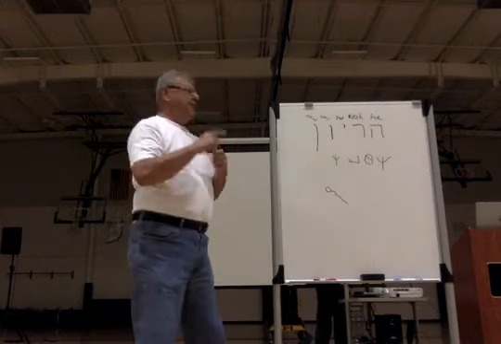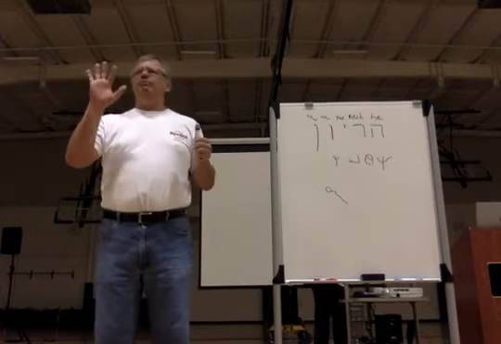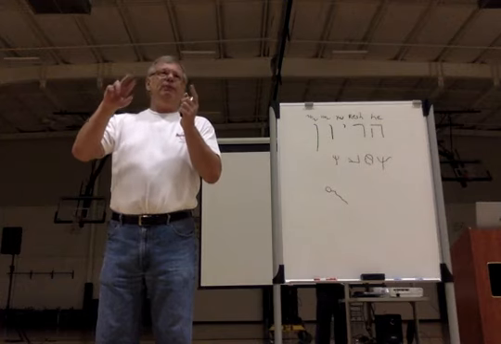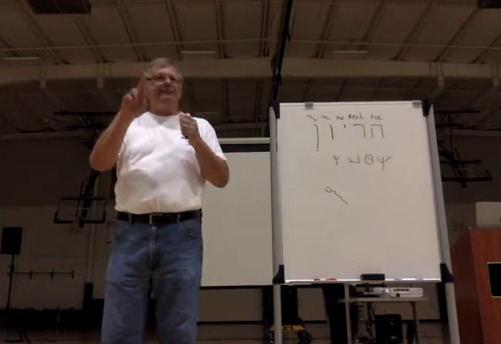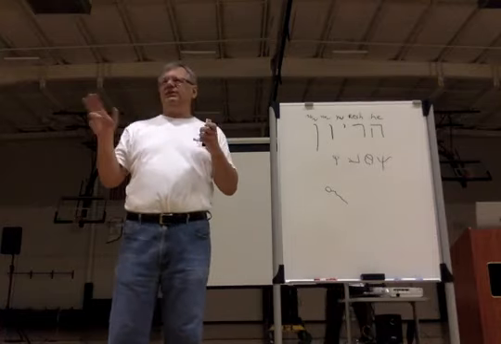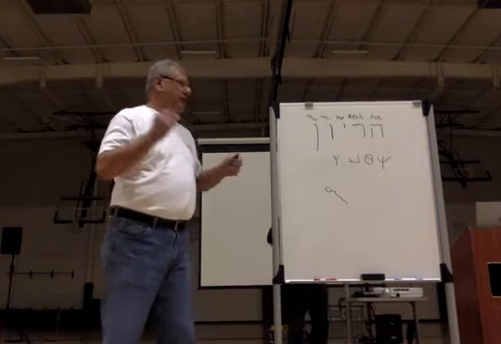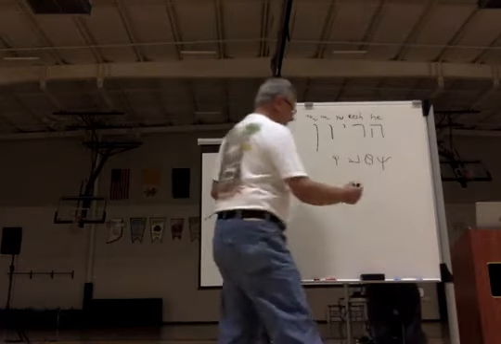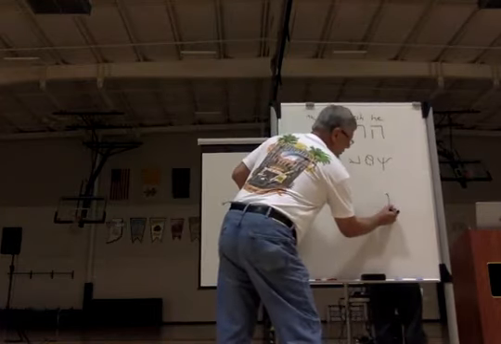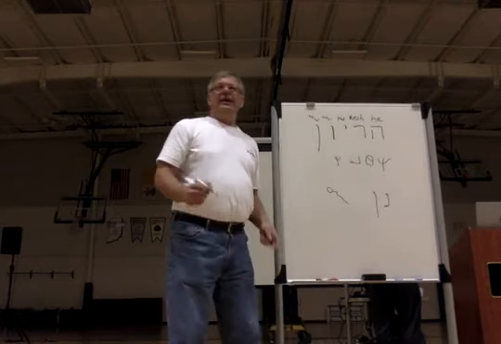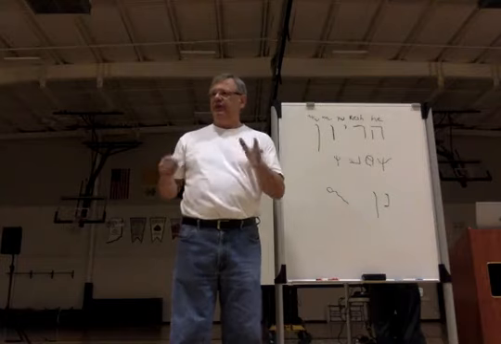By the way, remember that there are 5 Hebrew letters that have 2 shapes to them. Do you remember? The final forms of the letters? No, we didn't go over that. Okay. In some of the videos that will explain that, but I'll just tell you quickly. Here's the letter noon, and here's the letter noon. They have 2 different shapes for the letter noon.